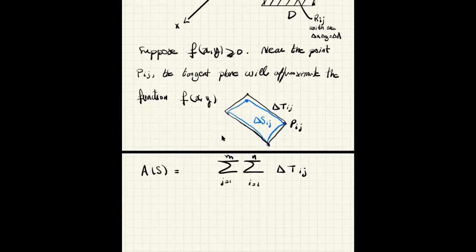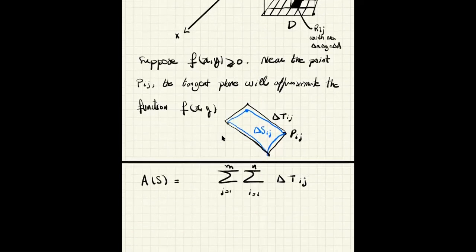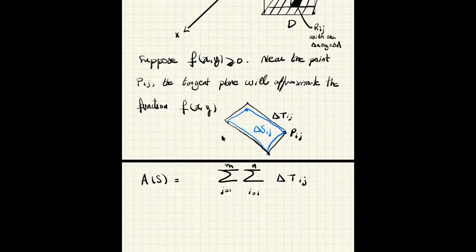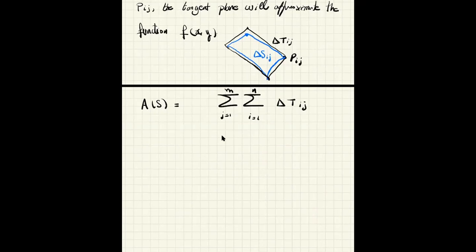And then as you take the rectangles smaller and smaller, these approximations are gonna be better, right? So this is exactly the same thing as when you take a curve and you start doing this, right? That's gonna be an approximation of the length.